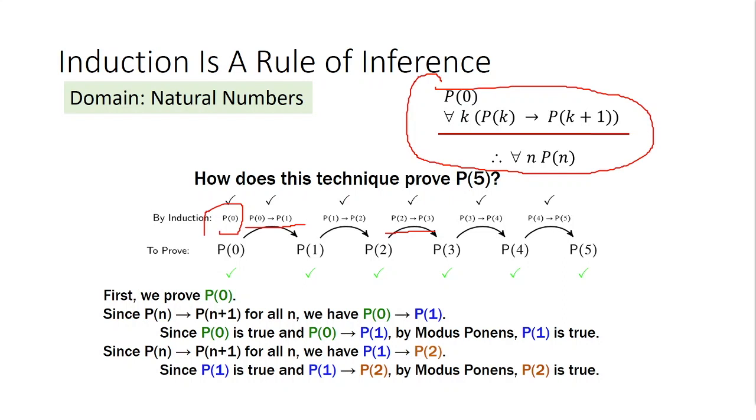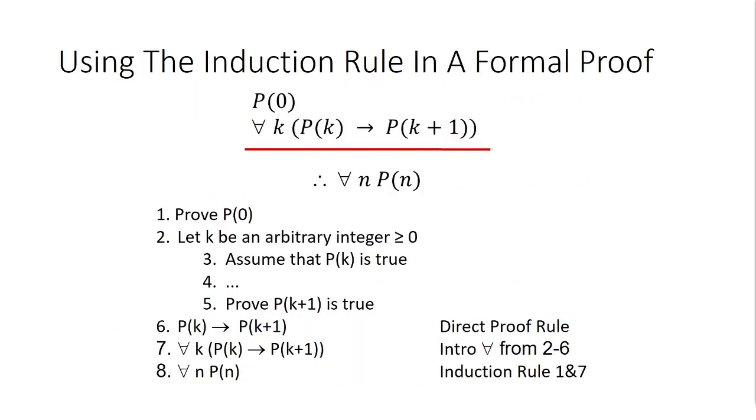It requires several steps, but we can generalize this using a variable k. So we need to prove P of 0 first, correct? Then we can assume there will be k, that is an arbitrary integer greater than or equal to 0. So we assume this is true, right? That is the first step.